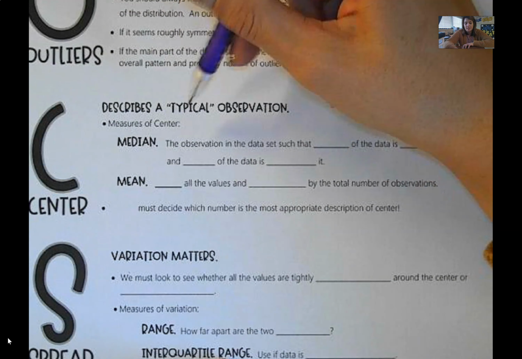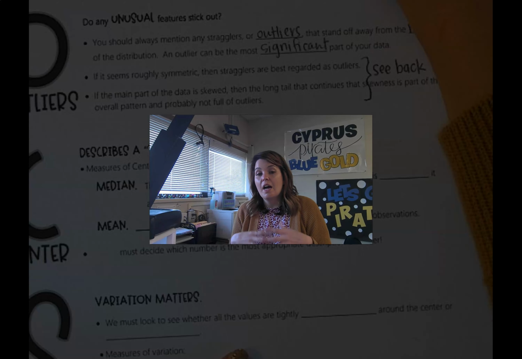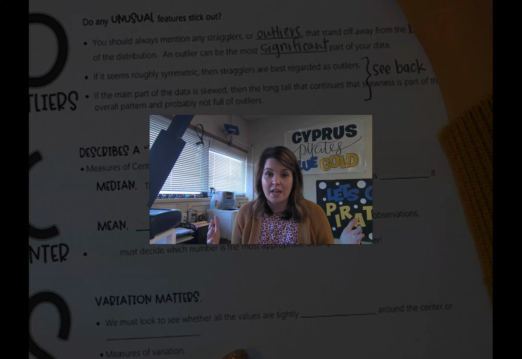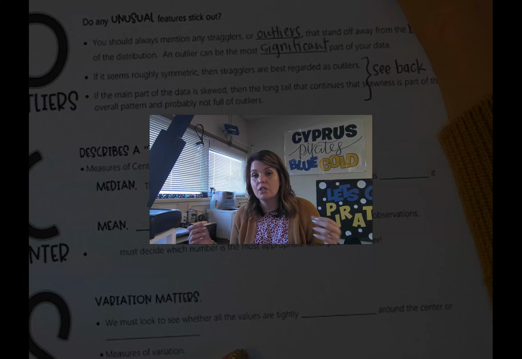So center describes a typical observation in a data set, which is helpful, especially when you have a huge data set. If we're talking about 200 or 300 observations, even 50 observations, instead of having to look at all 50 of those observations, it might be nice to look at just the center to know what a typical observation was. So like I have more than 50 AP Stats students, maybe I don't want to have to go in and look at every single kid's score.